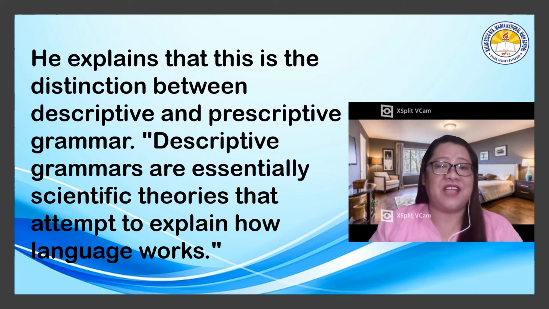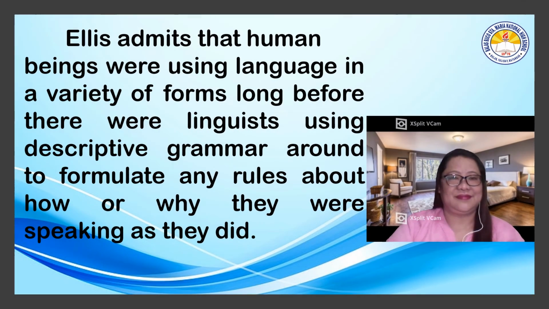Descriptive grammars are essentially scientific theories that attempt to explain how language works. Ellis admits that human beings were using language in a variety of forms long before there were linguists using descriptive grammar around to formulate any rules about how or why they were speaking as they did.